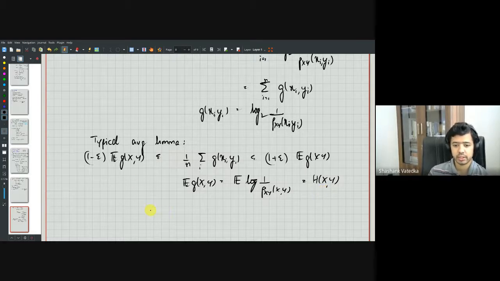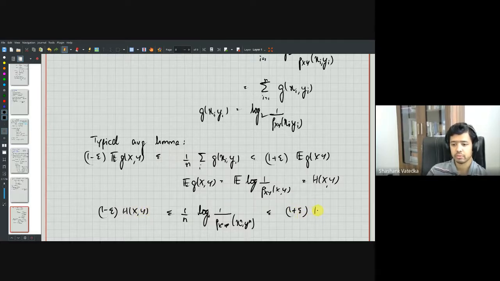So what this says is that for any pair of typical sequences x n y n, 1 over n log 1 over p of x n y n is between 1 minus epsilon times H of x y and 1 plus epsilon times H of x y.